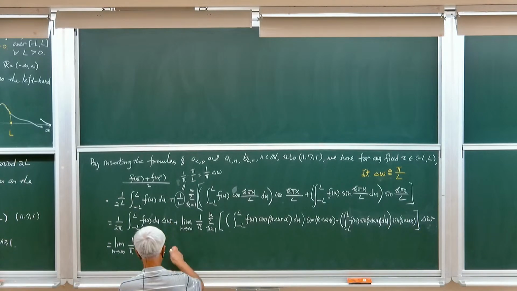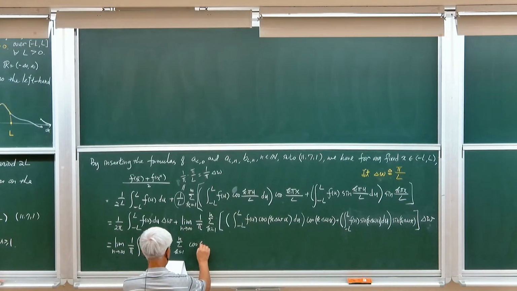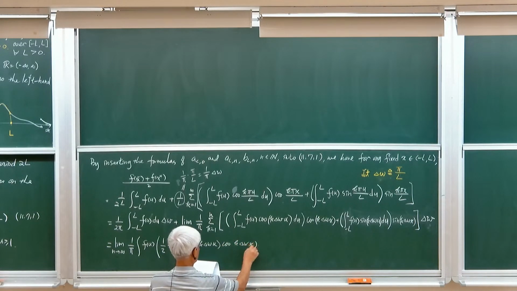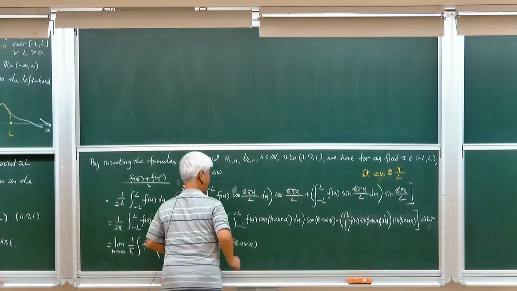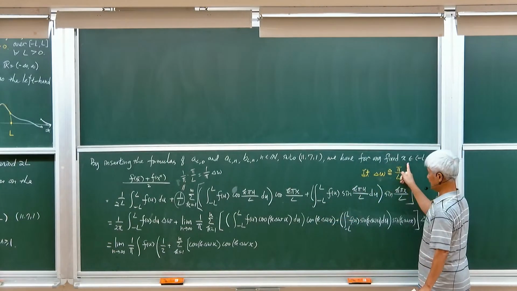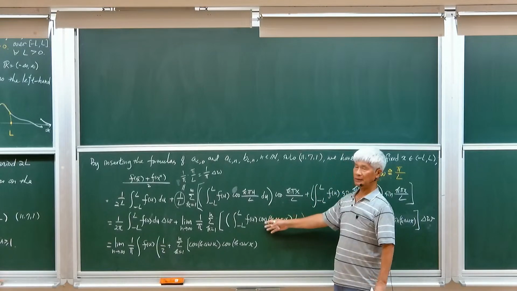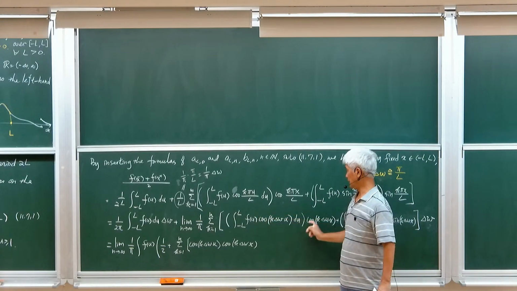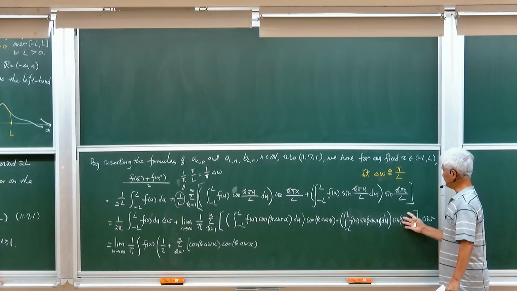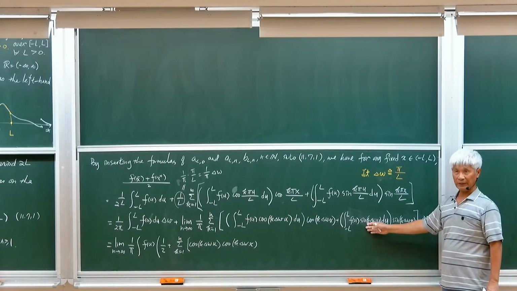So 1/2 plus summation k from 1 to n, and now we have cosine k delta omega u and cosine k delta omega x. We can multiply, because this is a constant as we have fixed x here, so we can move the constant into the integrand of the integral.